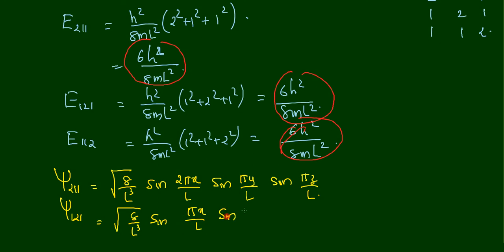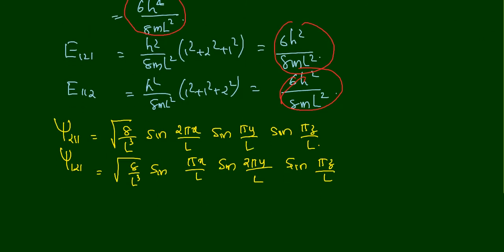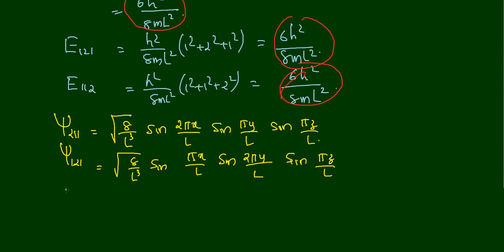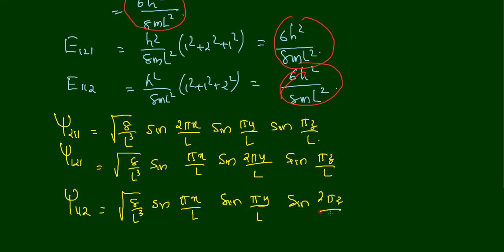Then sine 2 pi y divided by L, because Ny is equal to 2, and sine pi z divided by L. And psi 112 is equal to root of 8 divided by L cube sine pi x divided by L sine pi y divided by L sine 2 pi z divided by L.